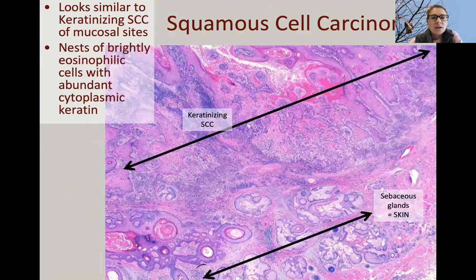Okay, so starting with squamous cell carcinoma, squamous cell carcinomas of skin basically look very similar to keratinizing squamous cell carcinomas of mucosal sites. The only reason we know that they originate in skin is because you can see them originating in the skin.